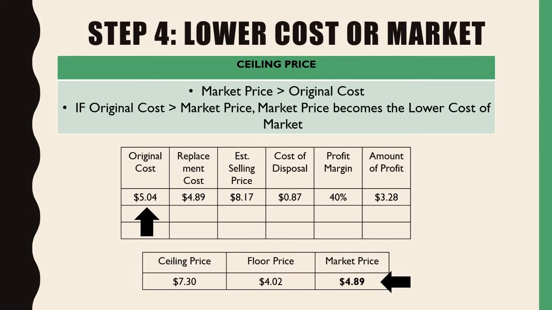And if you determine that your market is actually going to be lower, we're using conservatism once again. We always assume we're going to take the lower end of everything. We never want to overstate our assets for any reason. So if the market value is lower than what we originally cost, you must adjust your inventory.